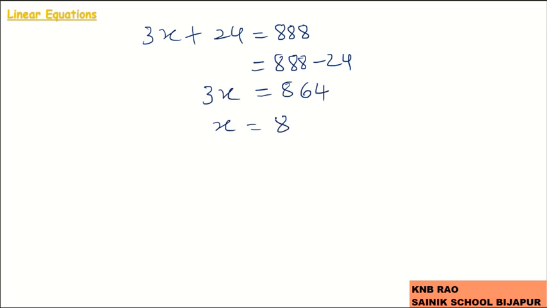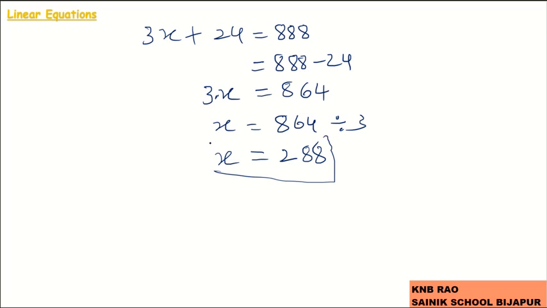x equals 864 divided by 3. Here 3 is a multiplicand, and on the right hand side when it is transposed it is going to be a divisor. Now on division, 3 2s are 6, 2 is carried, 26, 3 8s are 24 and 3 8s are 24. So the value of x is 288.